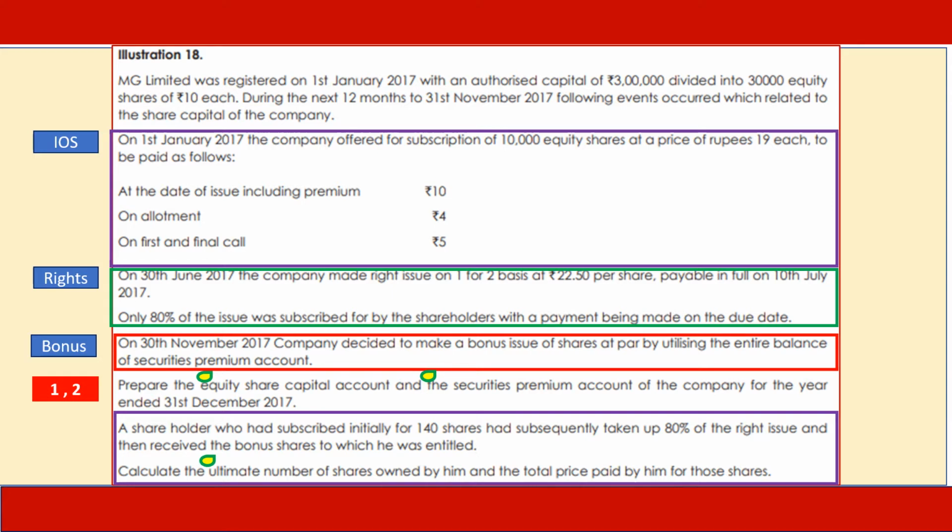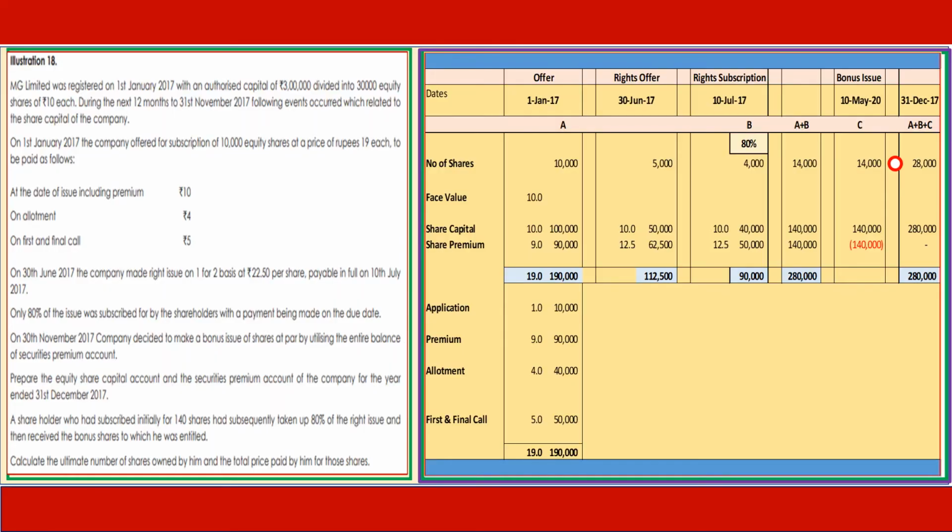Then they are asking three questions: prepare equity share capital account and securities premium account to start with, then calculate the ultimate number of shares owned by the specific shareholder. And this is quite simple, straightforward, and makes the conceptual meaning of all the terms very clear and shows that it is very simple to do.